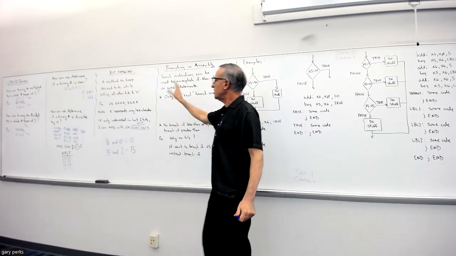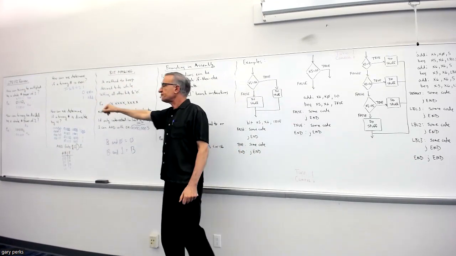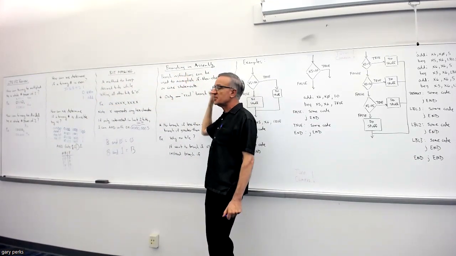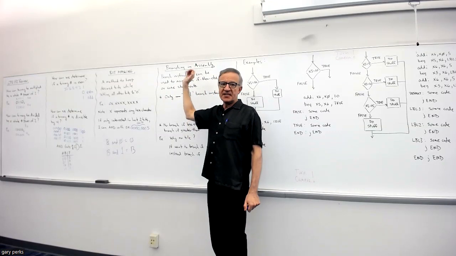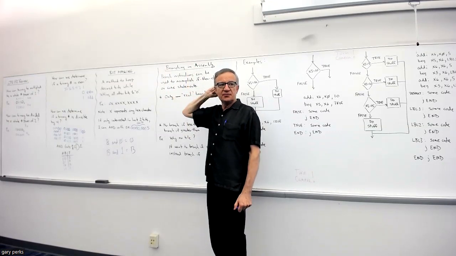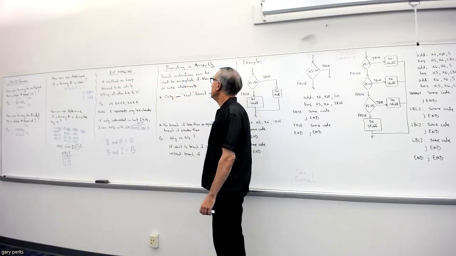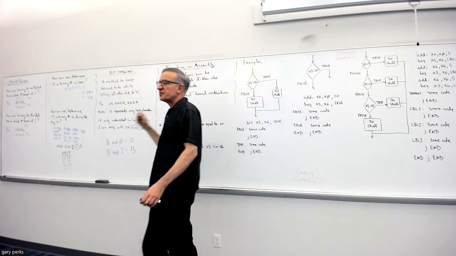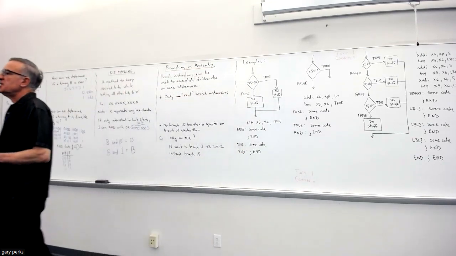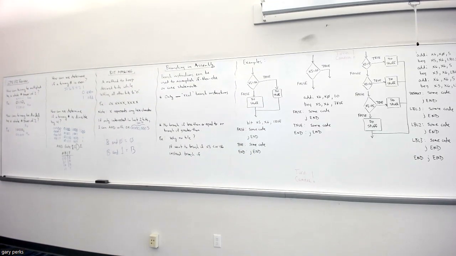Okay, so now, that was basically review from 133. Now we're going to talk about branching in assembly. So this is new CP 233 stuff. The first thing is, and I mentioned this at the very beginning, branching allows you to do if and case statements in assembly.